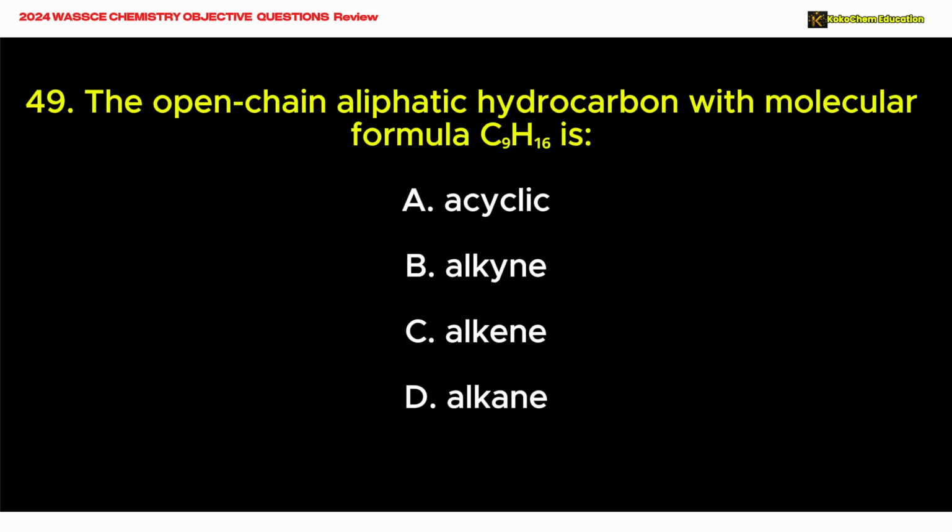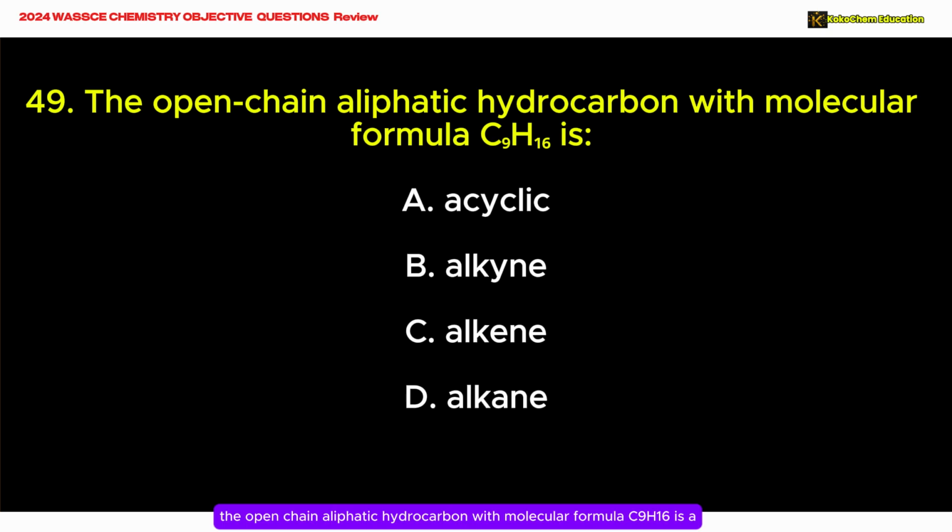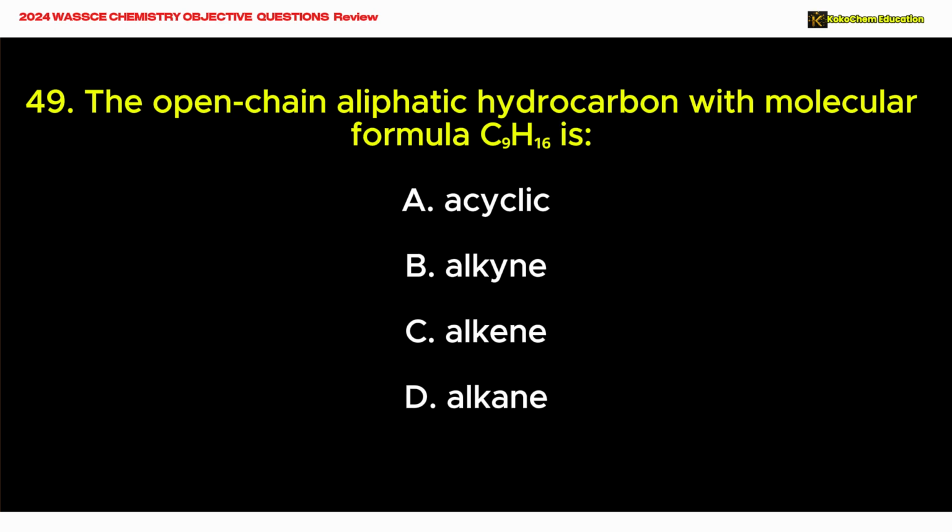49. The open chain aliphatic hydrocarbon with molecular formula C9H16 is A. Acyclic, B. Alkyne, C. Alkene, D. Alkane. The correct answer is B. Alkyne.